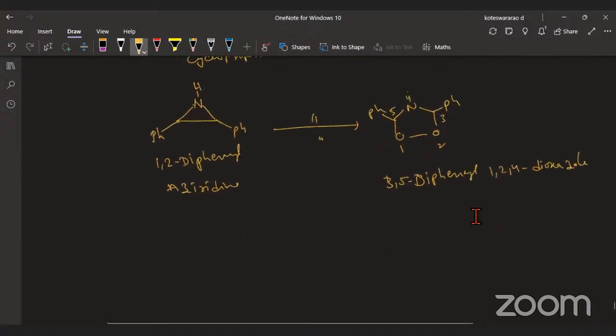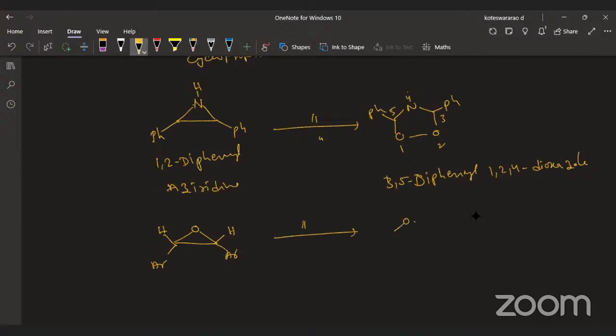Similarly, if you take the oxirane, a diaryl oxirane as the starting material, a three-membered ring, it is also subjected to the reaction under the same conditions.